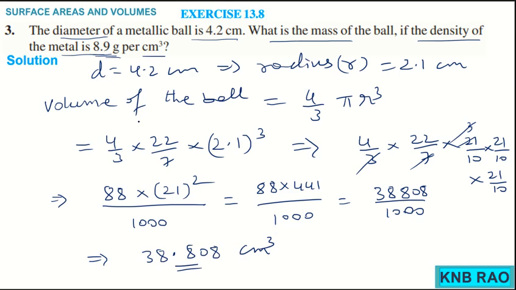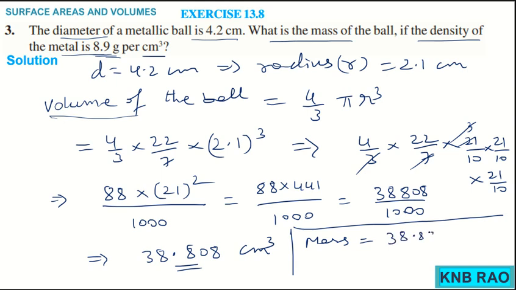volume of the ball. Now, we will go for finding mass. So mass will be the product of density and volume. So 38.808 centimeter cube multiplied by 8.9 grams.